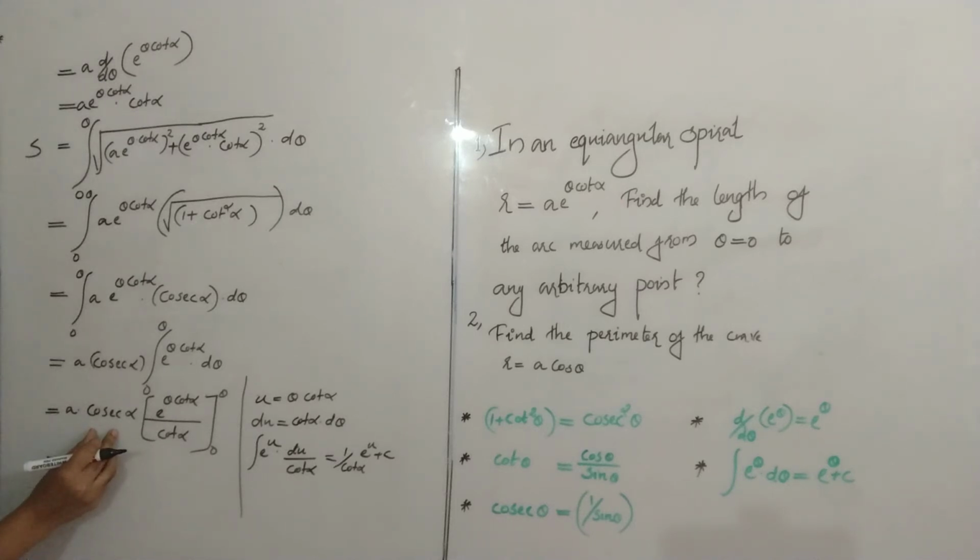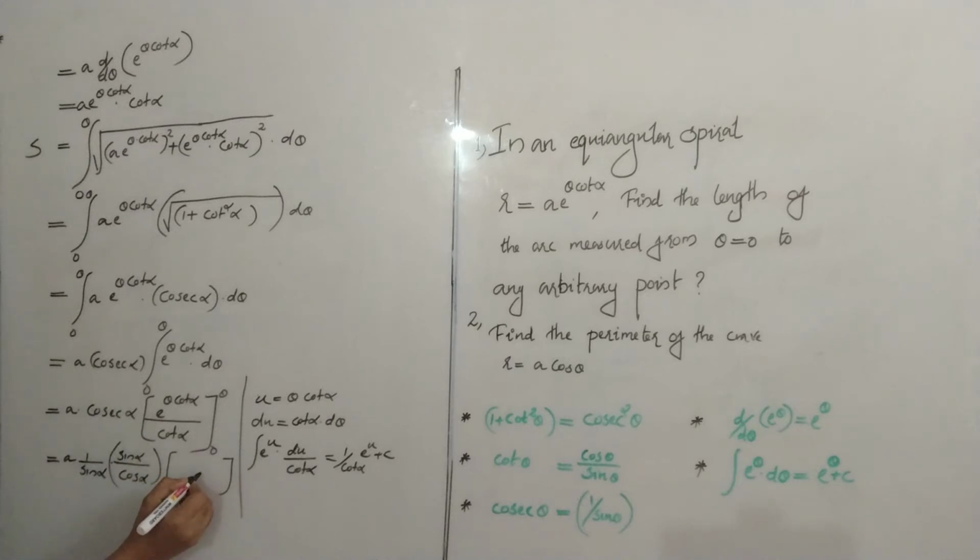It's equal to, cosec alpha is 1 by sin alpha, and cot alpha is cos alpha divided by sin alpha. So after rearranging these two functions, we get a into 1 by sin alpha into, 1 by cot alpha is sin alpha divided by cos alpha, into this remaining term.